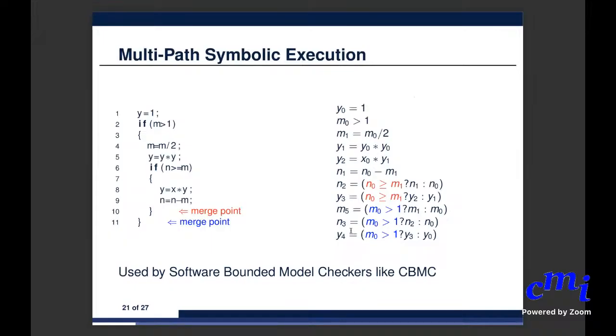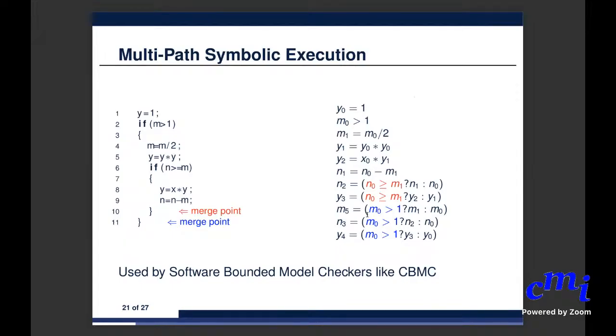So when you do unwinding in CBMC, it is not at the level of the global transition relation, but the unwinding happens at the level of loops.